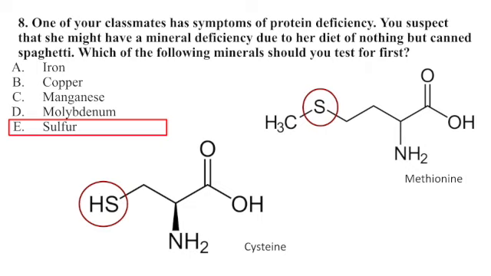And so if you test for the presence of sulfur, it would help distinguish proteins. But iron and copper and manganese and molybdenum, those are cofactors or coenzymes for other things.